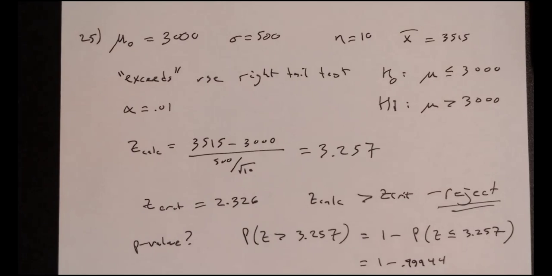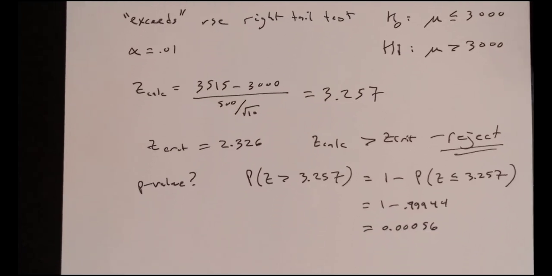And 1 minus that is 0.00056, which is way smaller than the 0.01 that was alpha.